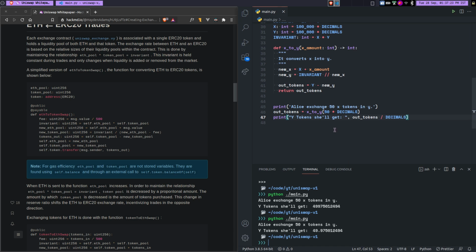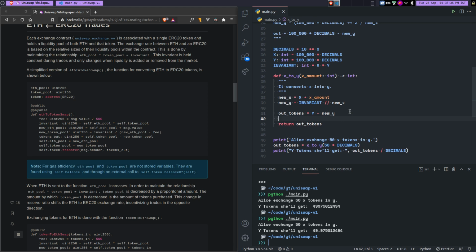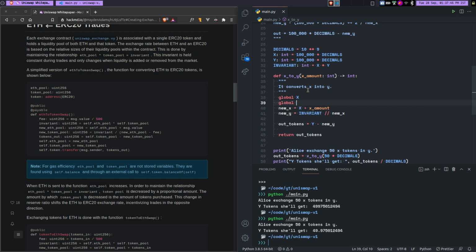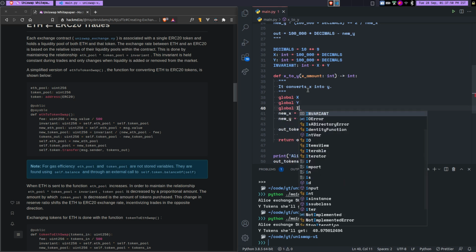Now let's make it a bit complicated. First of all, one thing that I forgot here is that we are calculating the out tokens, but we also need to update the amount of x tokens that we have. In order to do it, first of all, we need to declare global variables: global x, global y, and in the same sense global invariant.